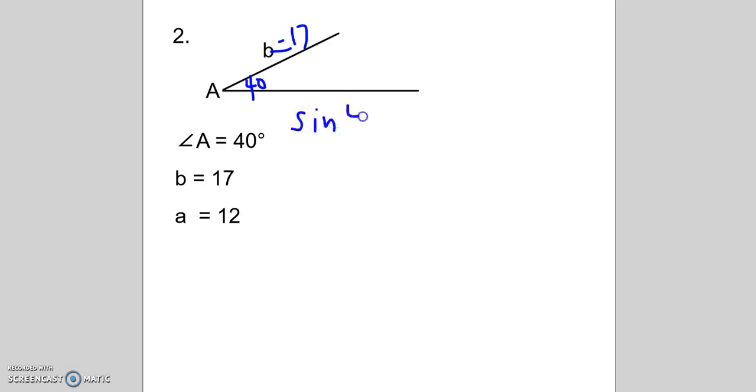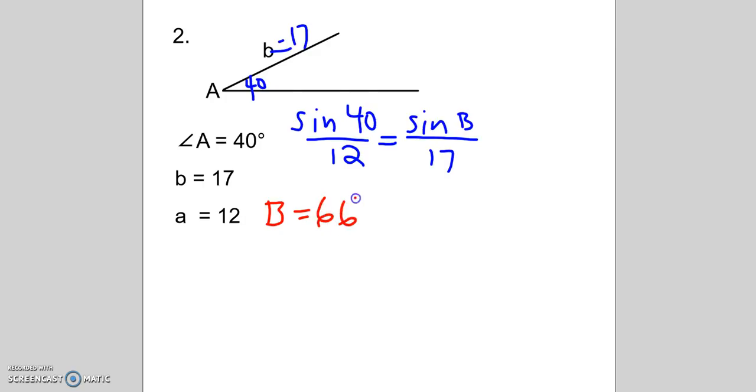So we have the sine of 40 over 12 equals sine of B over 17. And once you put that in your calculator, you should end up with B equals 65.6, which will round up to 66 degrees.